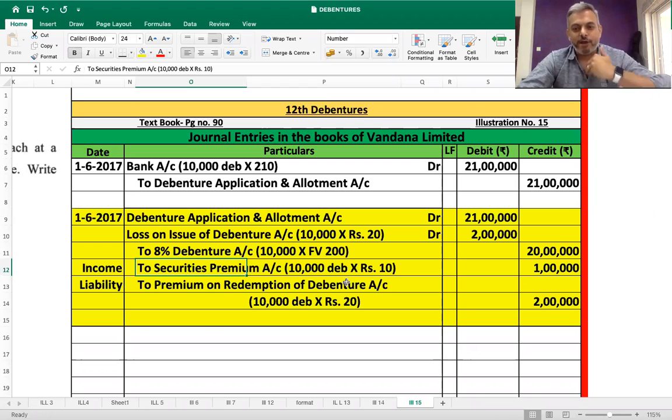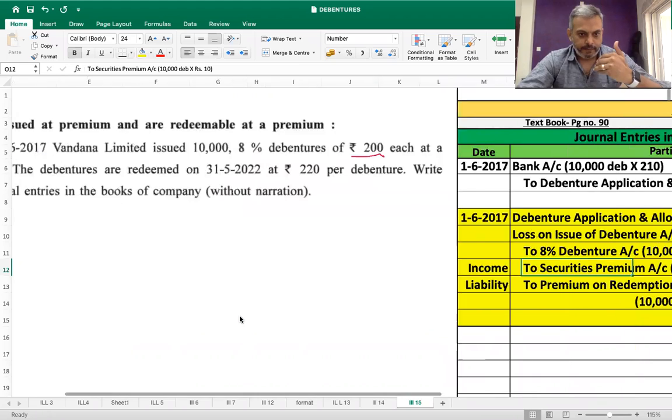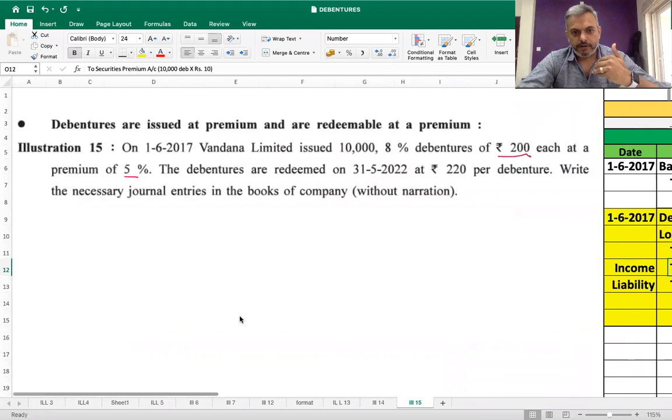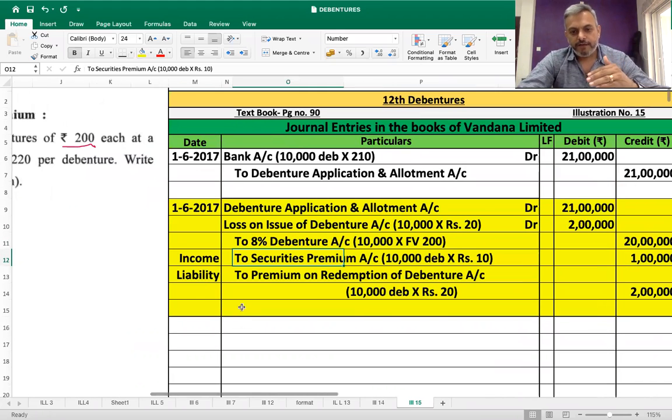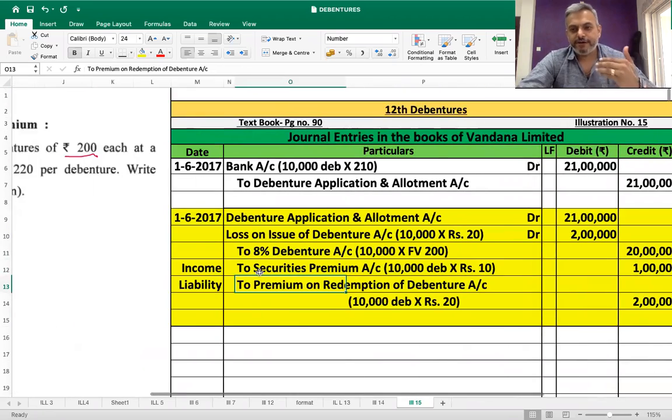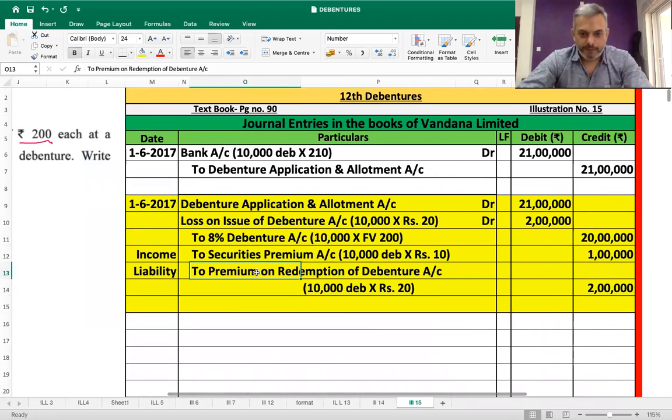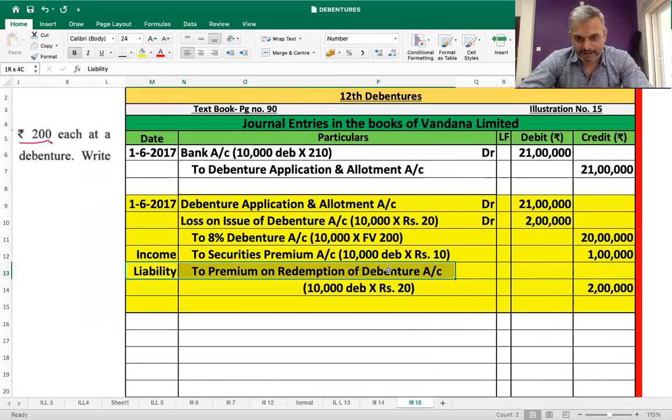We are committing that we are going to pay after 5 years, as it is 2022. So this is a liability account, and the other one is an income account.